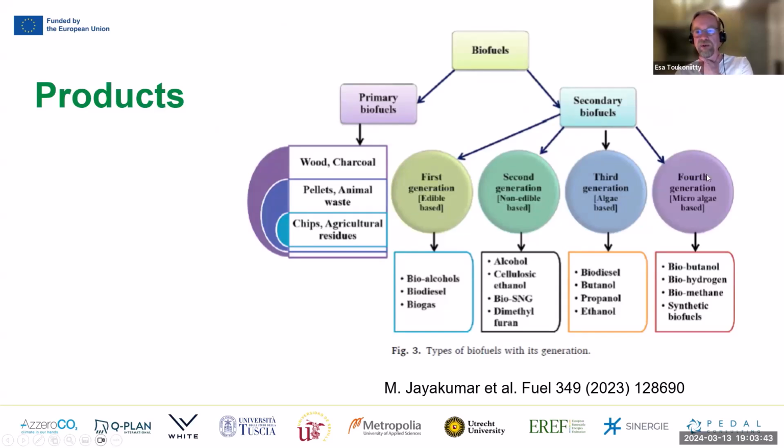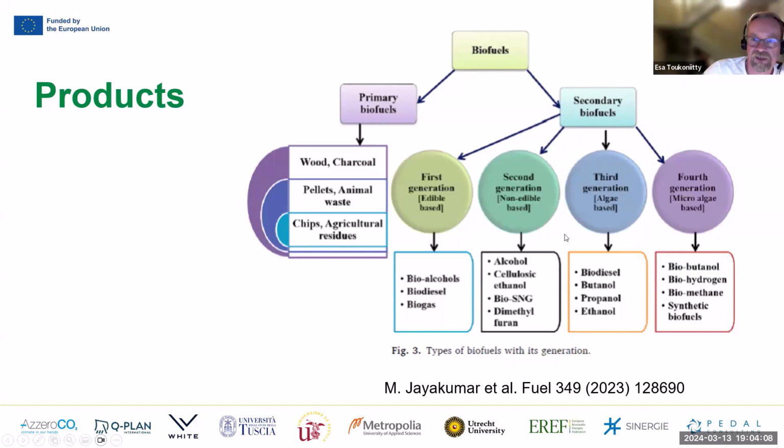Here, if we look at again this first to fourth generation processes, just what products can be made out from it. So alcohols, diesel, biogas. Biogas is not part of this course. It will be in the next waste to fuels course.